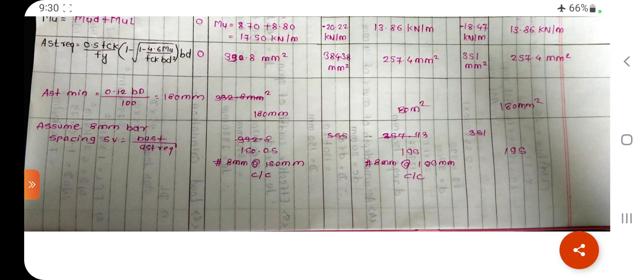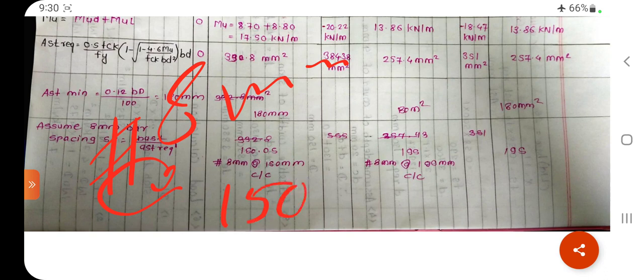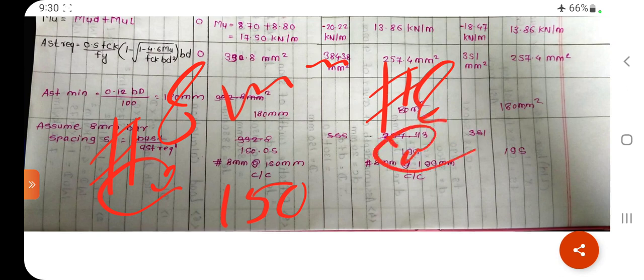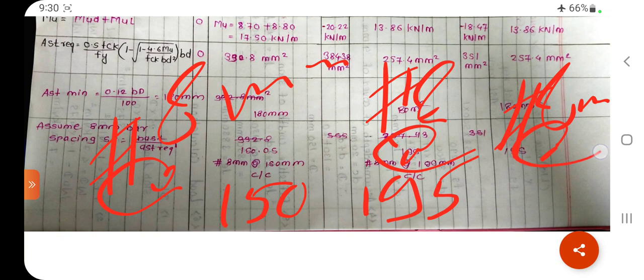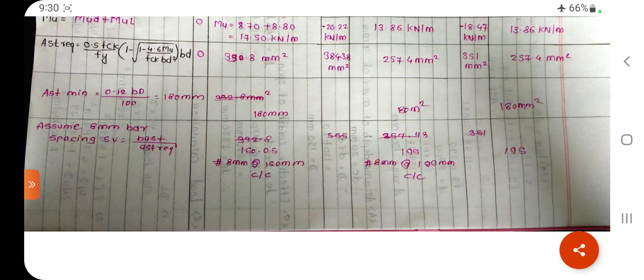So we provide 8 mm bar, here it is 150 mm center to center, here 8 mm bar at 195 mm center to center, here also 8 mm bar at 195 mm center to center.